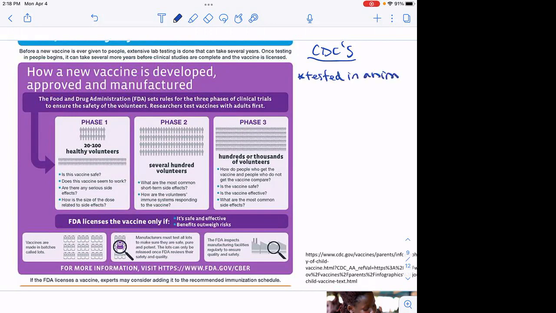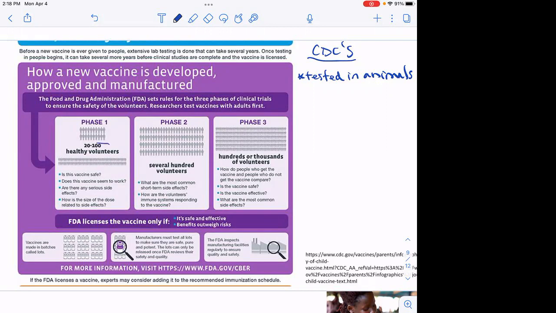And sometimes we don't have a good animal model for a vaccine in terms of causing that same infection in animals as in humans. But at least we can test the vaccine in animals and make sure that it doesn't make them sick in any way, have some side effect. So lots of testing in animals. And then when we think that all that data looks good, they start the human trials.